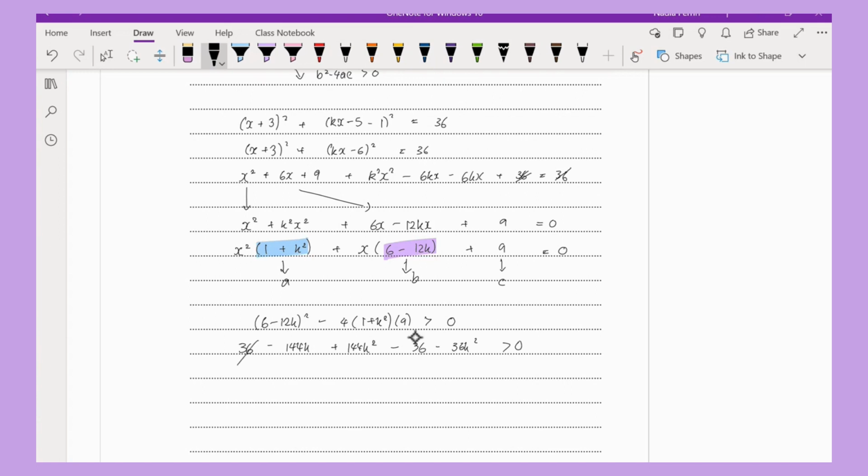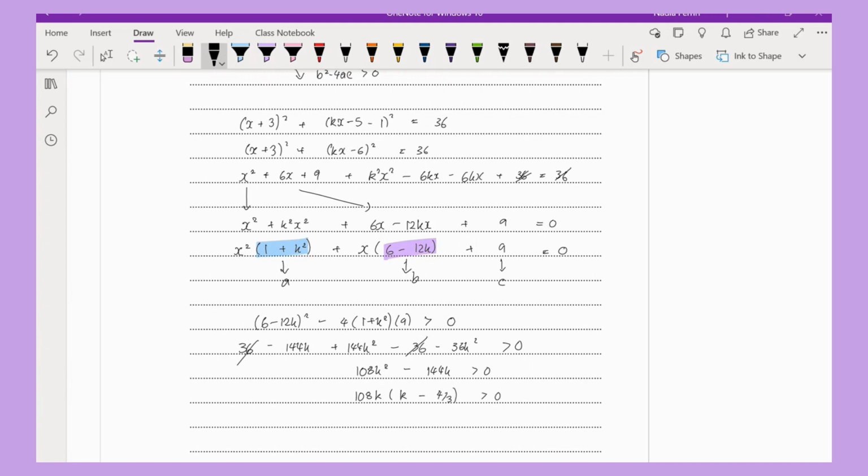So again, the 36 cancel out. We then have 108k squared minus 144k. So just dividing them both by 108 and by k, we end up with k minus 4/3 is greater than 0.